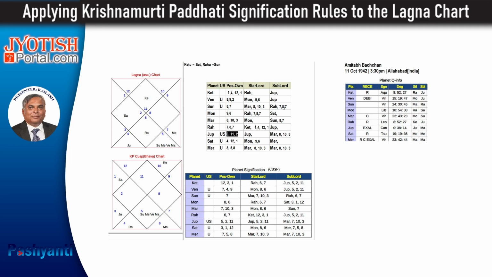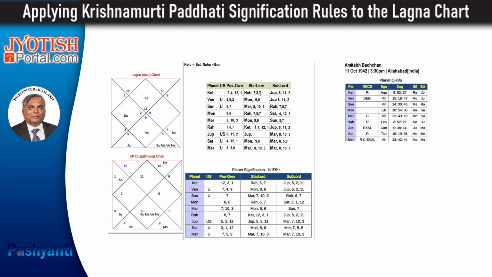Then you have Jupiter, so we'll just copy paste and put the values. Jupiter. And then Saturn. And then finally we have Mercury. What is left? Okay, Moon is Moon. So put Moon and then Rahu's value over here.